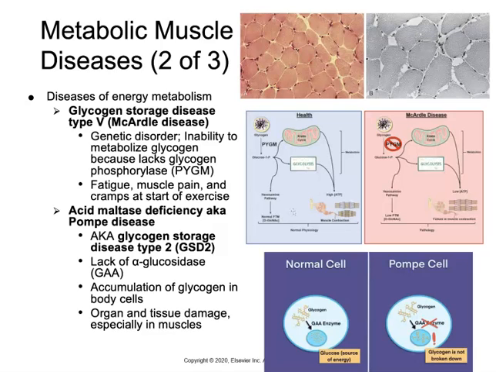Now, another condition is known as acid maltase deficiency, also known as Pompe disease. This is when the body needs energy and this large molecule of glycogen is broken down into glucose. In order to do that, we need an enzyme known as alpha glucosidase, or GAA enzyme.